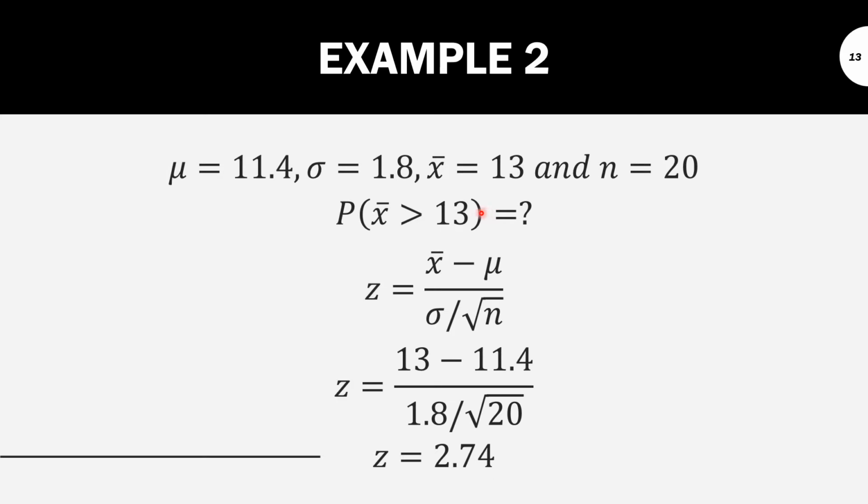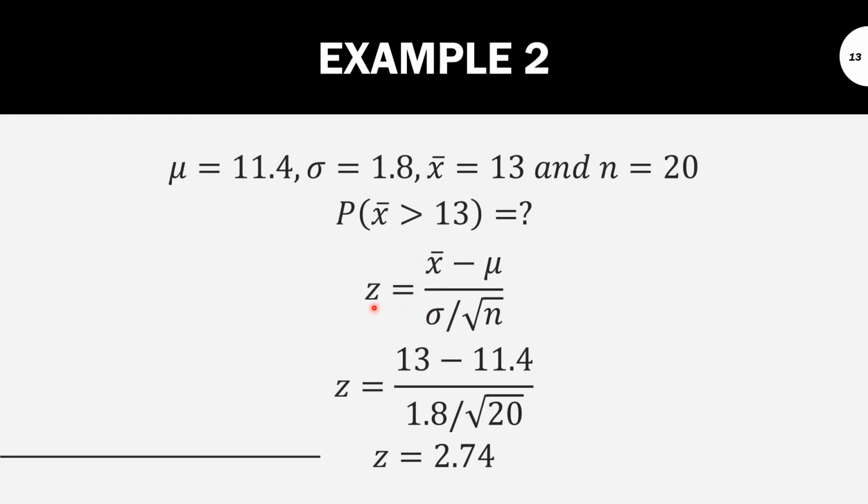So what we are asked for is the probability that the sampling mean will be greater than 13. First, let us convert 13 into its corresponding z-score. So how are we going to do that? By using the formula.